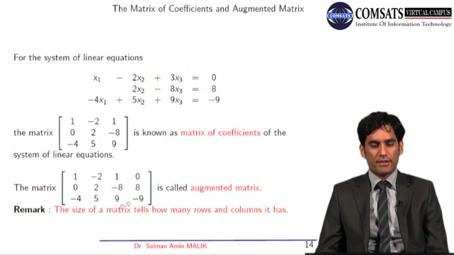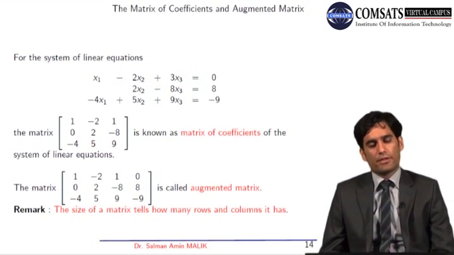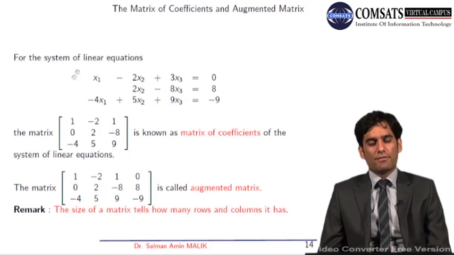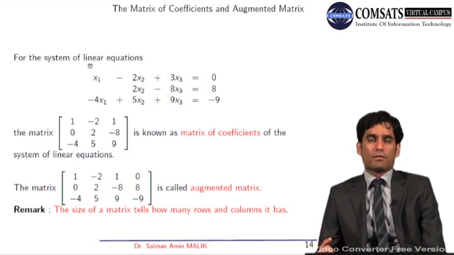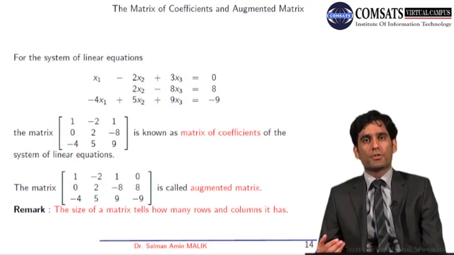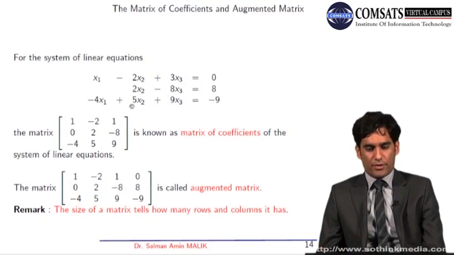Let's go to the next slide. So we want to study how to solve a system of linear equations. We have this particular type of system of linear equations, and before we start on how to find the solution, let me tell you some terminology. We have a system of linear equations with 3 unknowns and 3 equations.